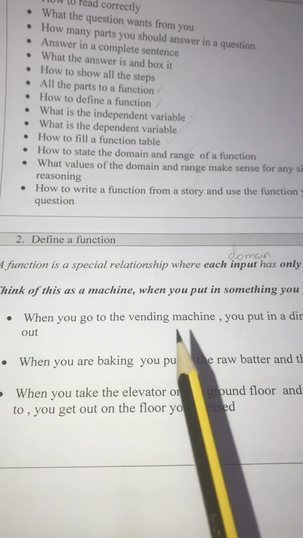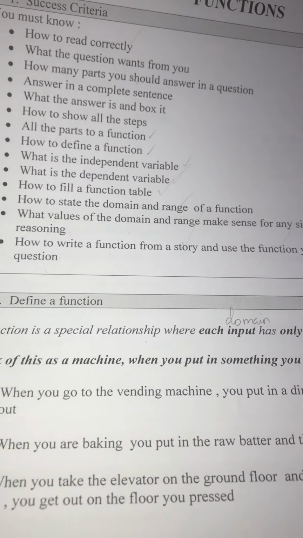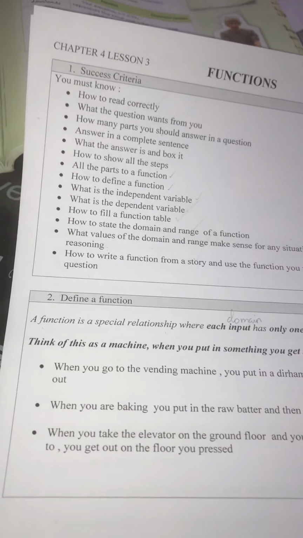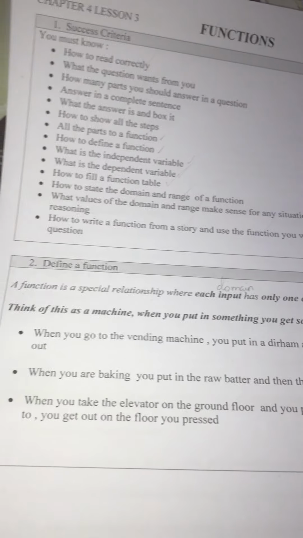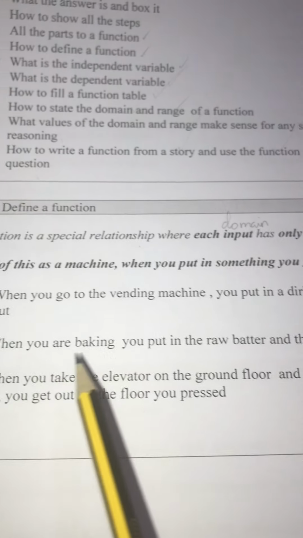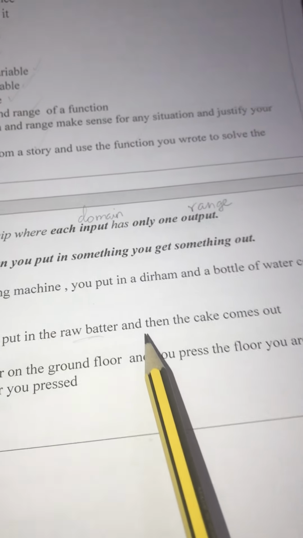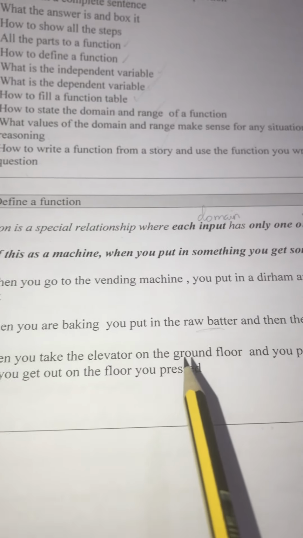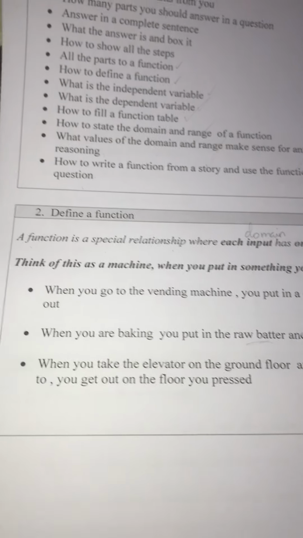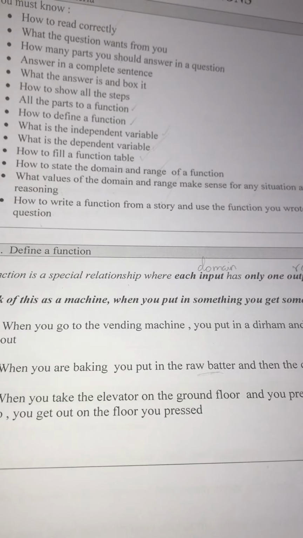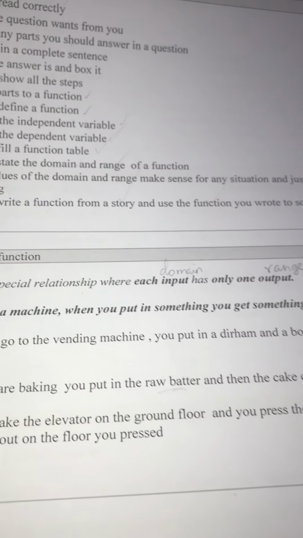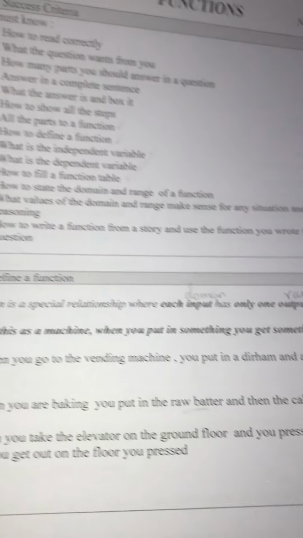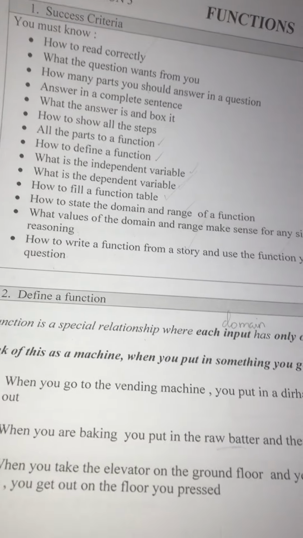When you're baking, you put the raw cake inside the oven. After some time, you remove a baked cake. Okay? So when you're baking, you put in the raw batter and then the cake comes out. When you take the elevator on the ground floor and you're going up, or you're taking the elevator from up and you're going down, you enter the elevator, you press the button, it takes you to the floor you said you want to go.